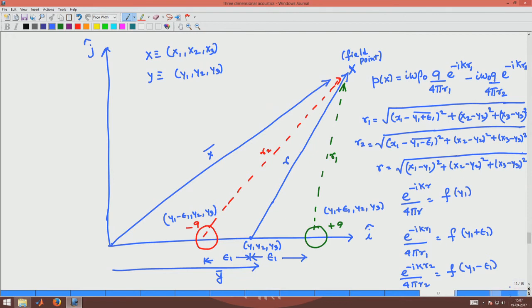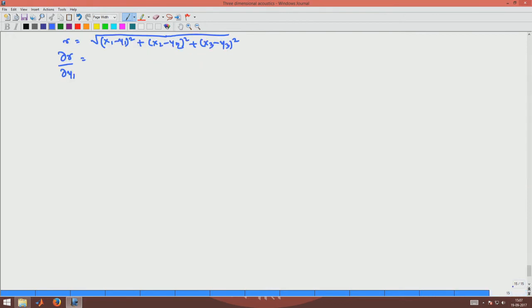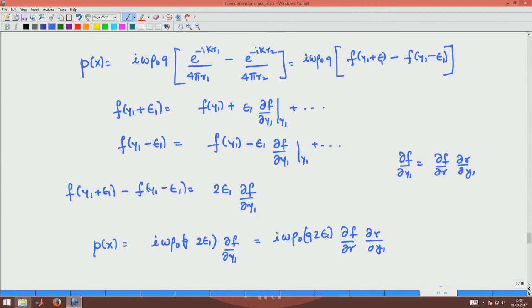This is the expression. So, therefore, del r/del y 1 is given by exactly the same quantity coming in the denominator, but what we will have in the numerator is y 1 minus x 1 divided by r, and let us see what that is in the drawing.